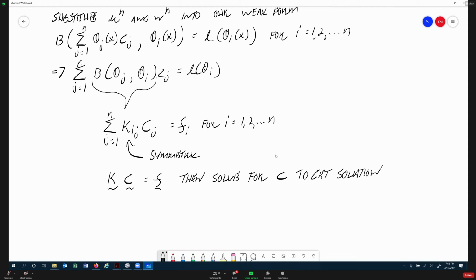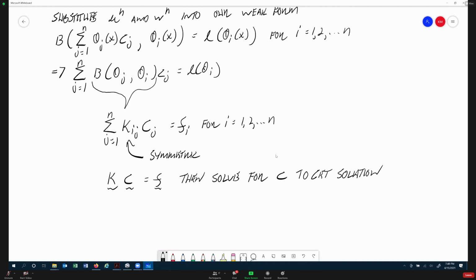To get the solution, remember what we're doing. We have a mechanical problem. We're applying loads, right? So we know what F is. We know what the forces are. That's a known. K, we're making some assumptions that we know what that is.